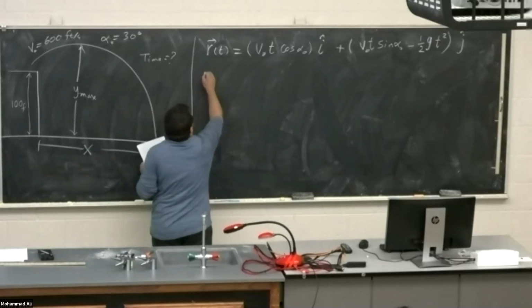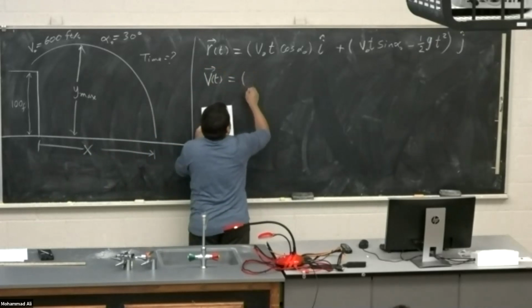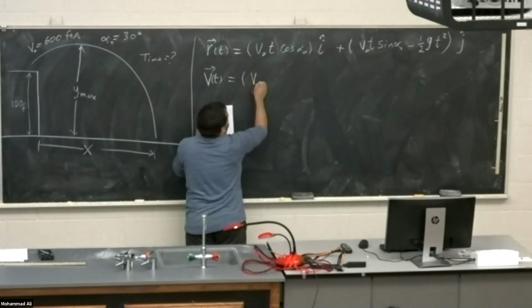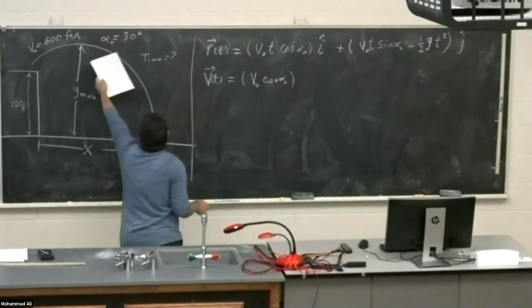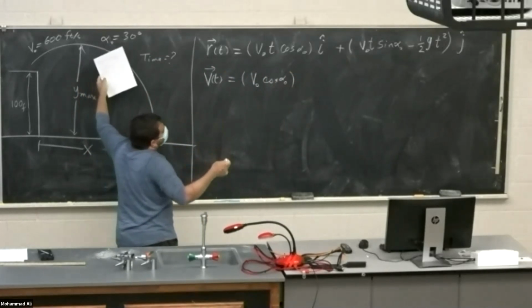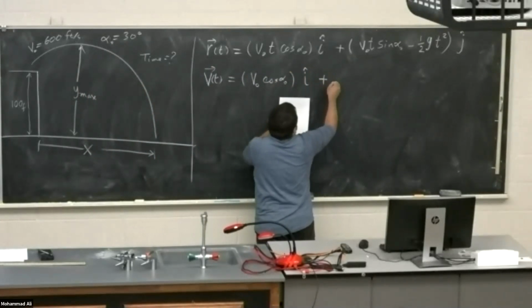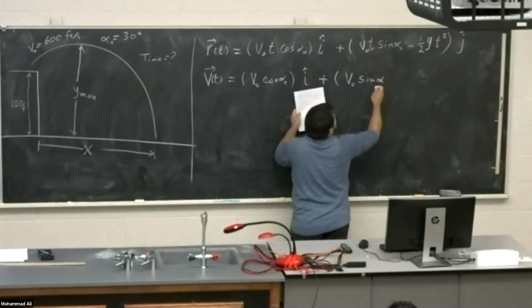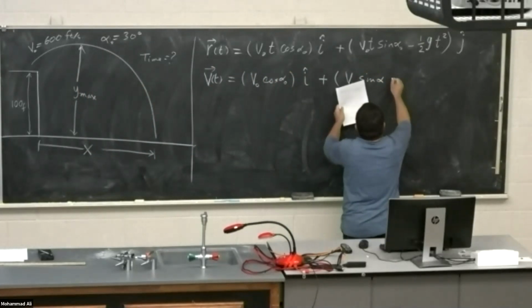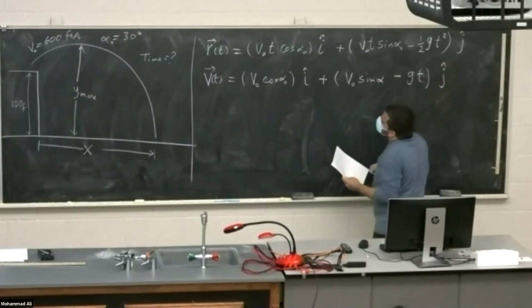Also the velocity vector is v naught cosine alpha naught, it is constant, in the i direction, plus v naught sine alpha naught, this is v naught in the y direction, minus g t j hat. Alpha naught is 30 and v naught is 600, but I need to convert it to meters.